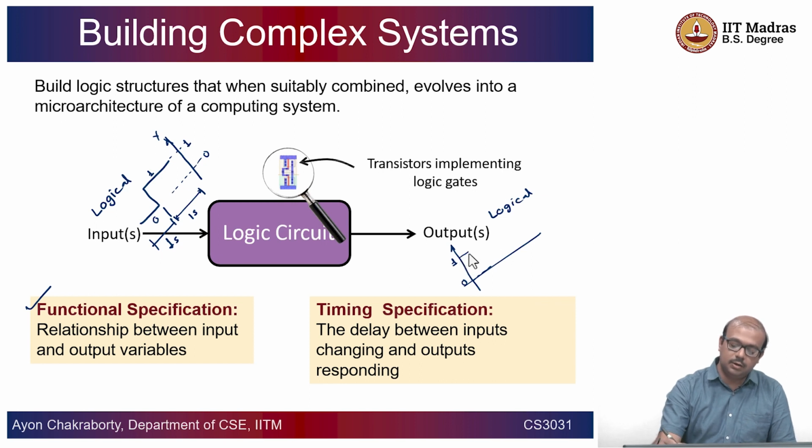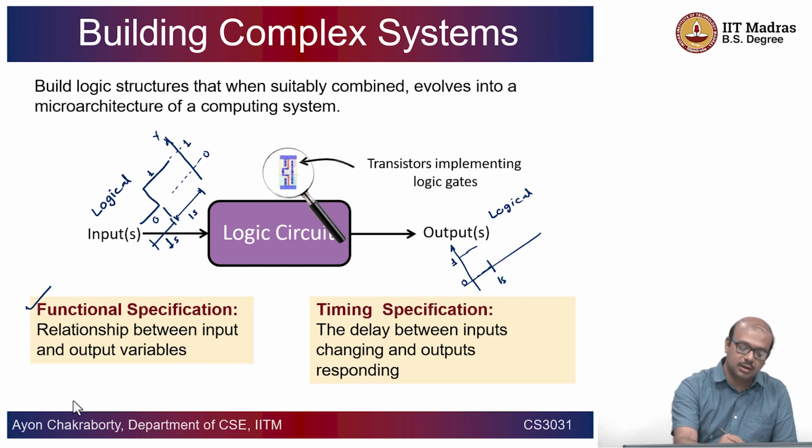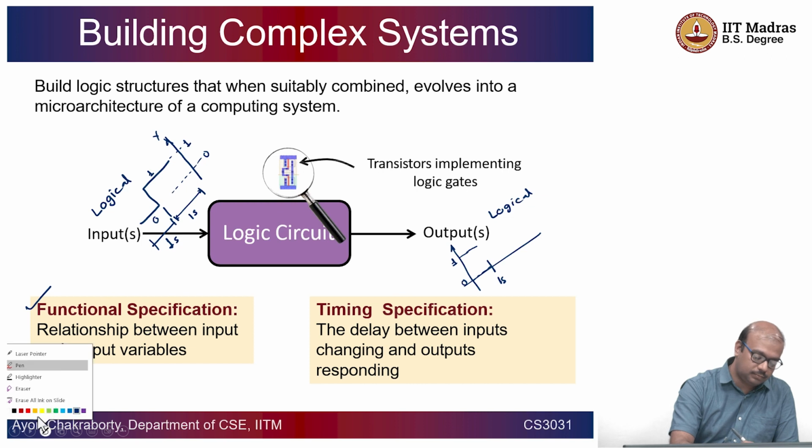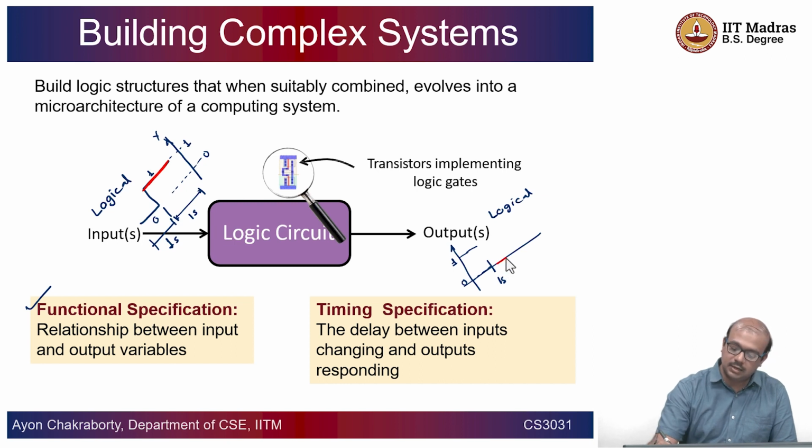But you need to remember that, let's say, after 1 second, the input has changed to 1, right? So let me use a different color. So after 1 second, it has changed to 1, right? So ideally, the output is going to change to 0 in the next 1 second.